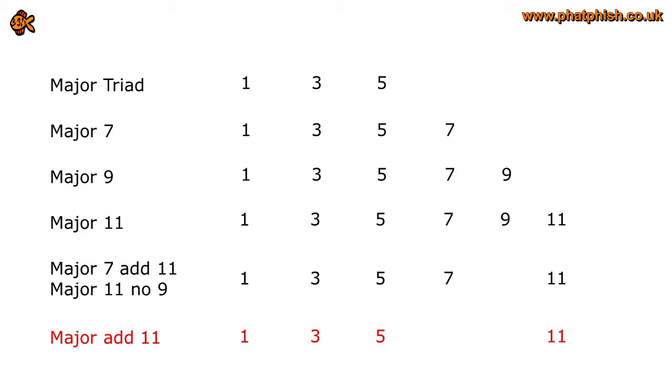So the naming's fairly logical. And the examples we're talking about there are all basically major chords of some description. Major triad, major 7 chord, major 9, major 11, major 7 add 11, or major 11 no 9, or major add 11.